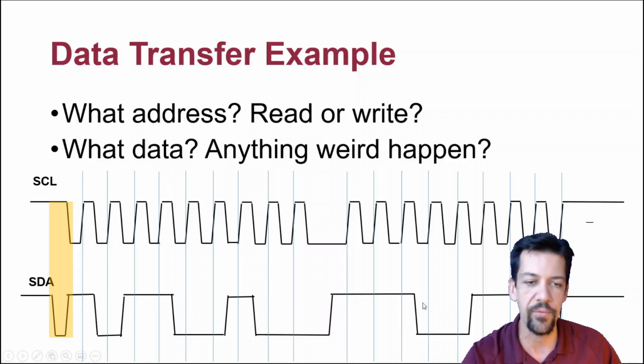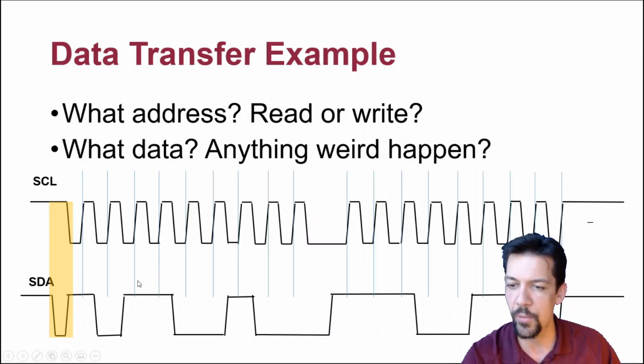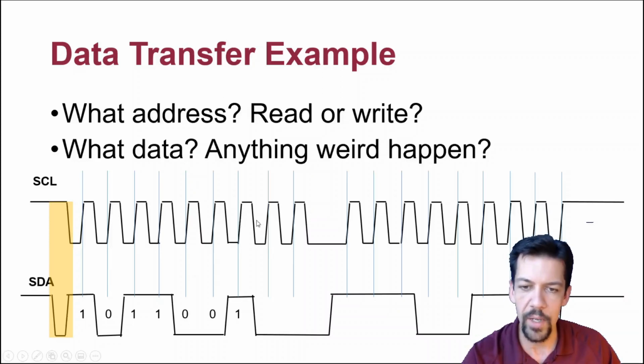Then we can start looking for, on each of the rising edges, what data is being latched in. So the first thing we see is we've got a 1 on the rising edge, then we get a 0, then a 1, then another 1, then a 0, another 0, another 1, 0, 0, right?